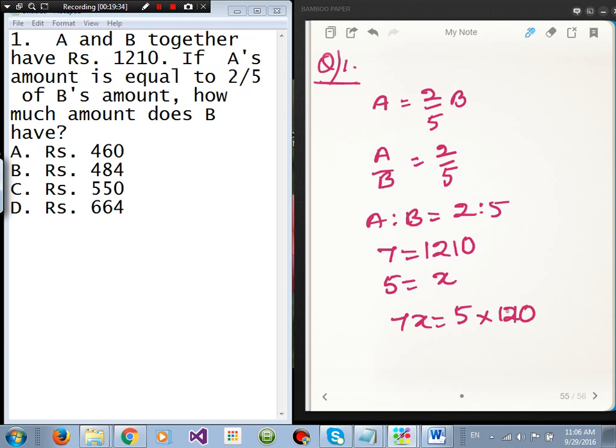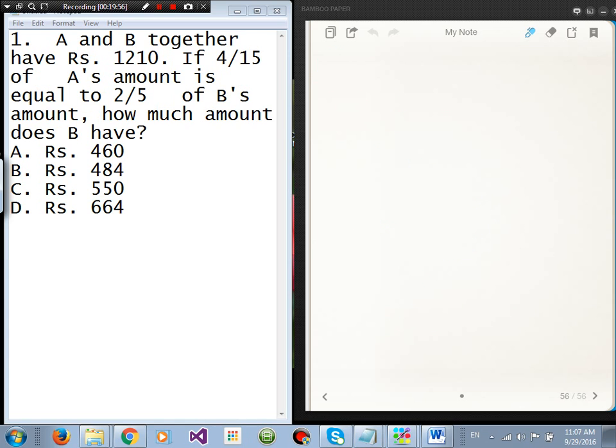When I go over 5 into 1210, the seventh table in 1 to 0. Is it possible to do that? Okay, there is a wrong with the question.